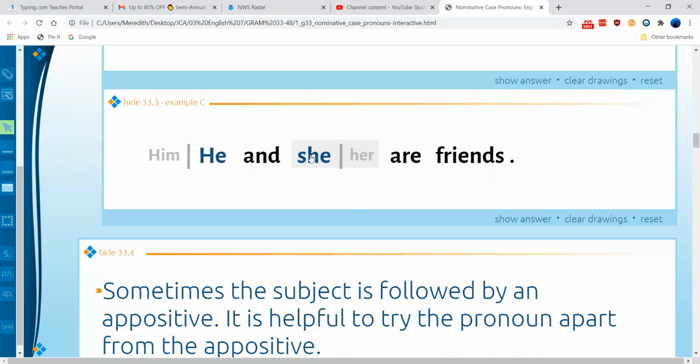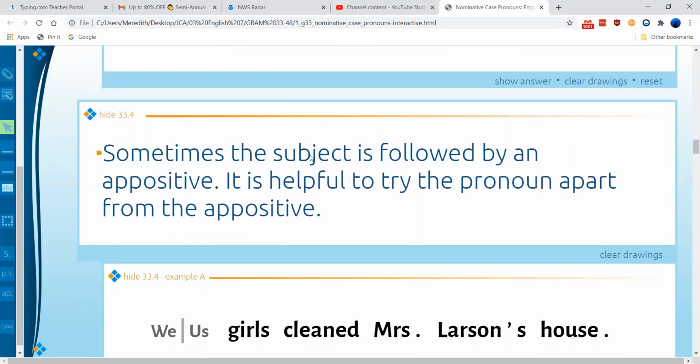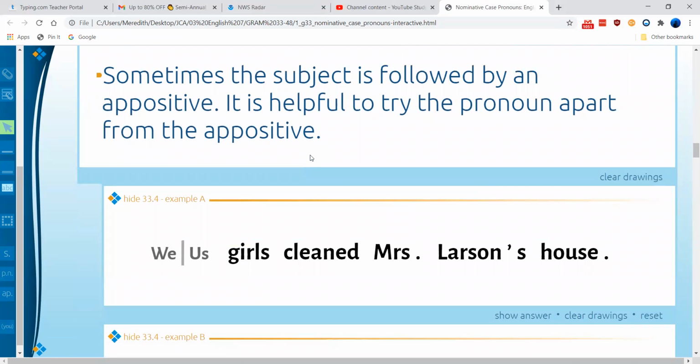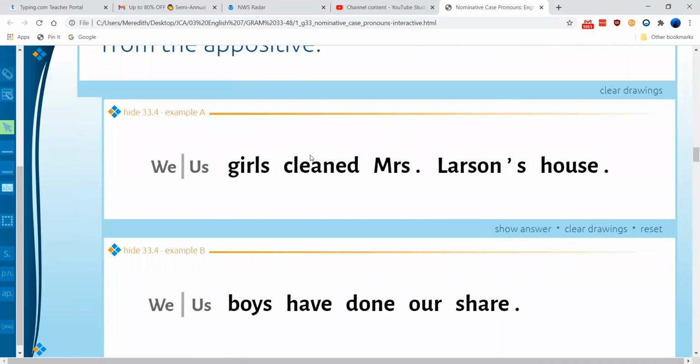Okay, so the last point here, and you'll see some examples in your exercise: sometimes the subject is immediately followed by an appositive. It's helpful to try the pronoun apart from the appositive. I know when we were working on nouns, a lot of people missed appositives because it's not something that you talk about or see very often.